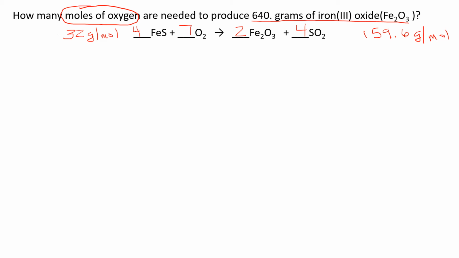You always start with your given. And each section of the stoichiometric fence should have a number, a unit, and a substance. So every part of every fraction should have all of that. That's my given, okay?